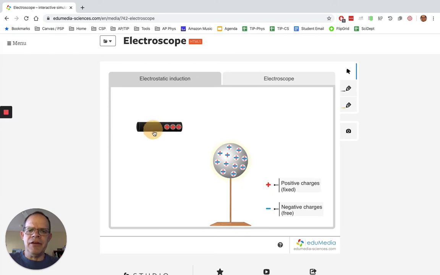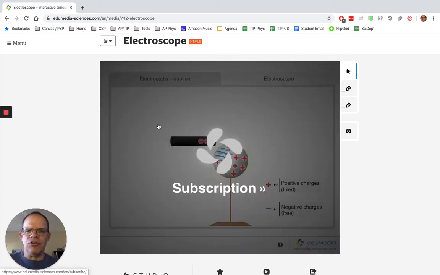If I bring it near a conducting dome, and my dome originally has positives and negatives all connected together, what happens is when I bring it near, all the negative charges are attracted to the positive charge on my amber rod, and they move because negative charges on a conductor can move. Electrons can move on a metal. So they come up here near this edge, and that leaves a net positive charge on the backside. Okay, so that's called induction.